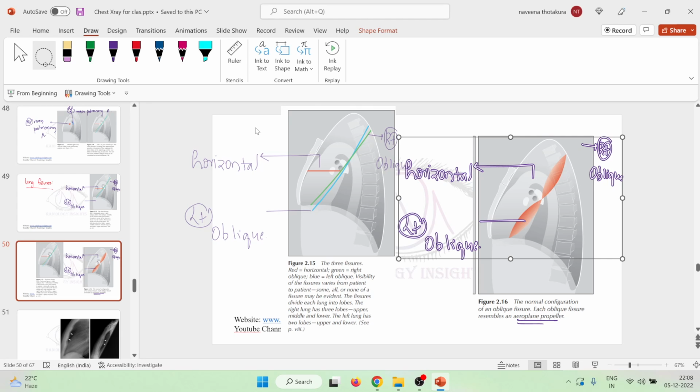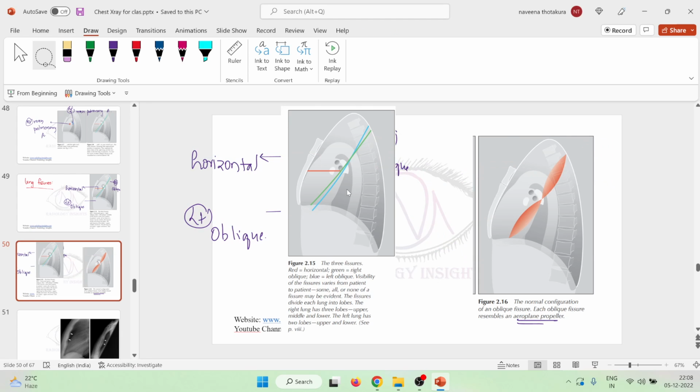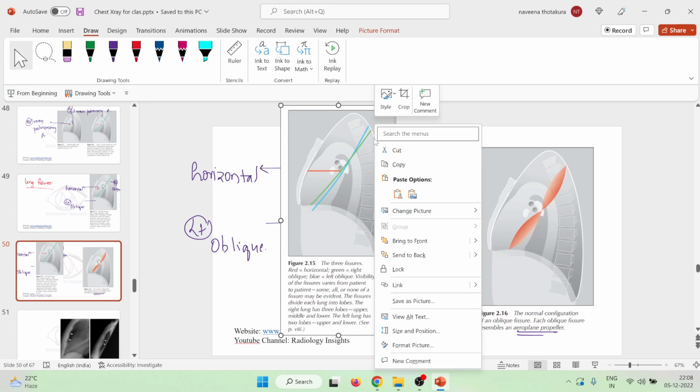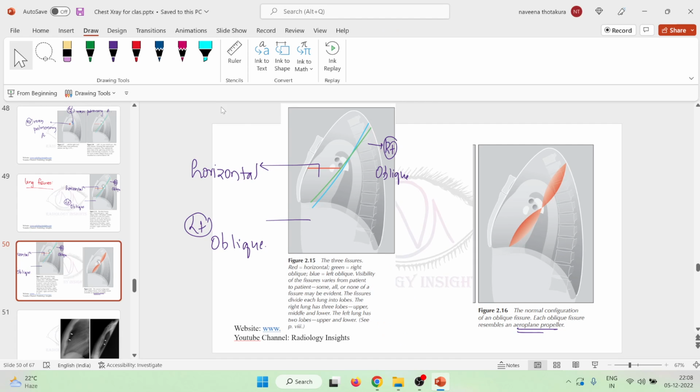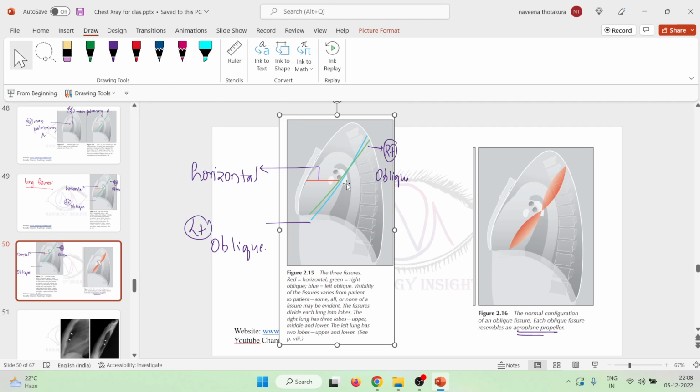Okay, this is the horizontal fissure, right oblique fissure, and left oblique fissure.